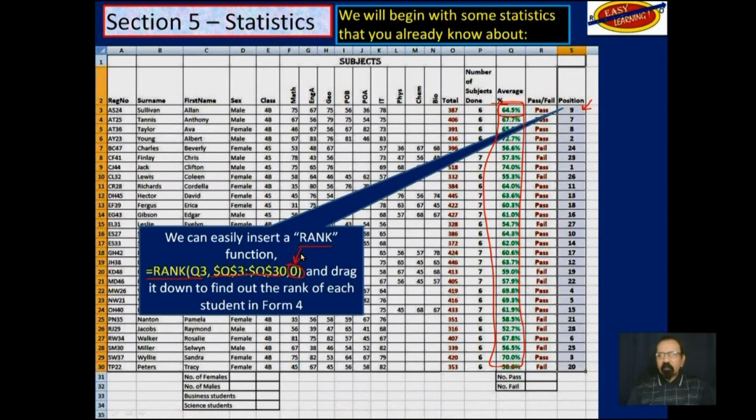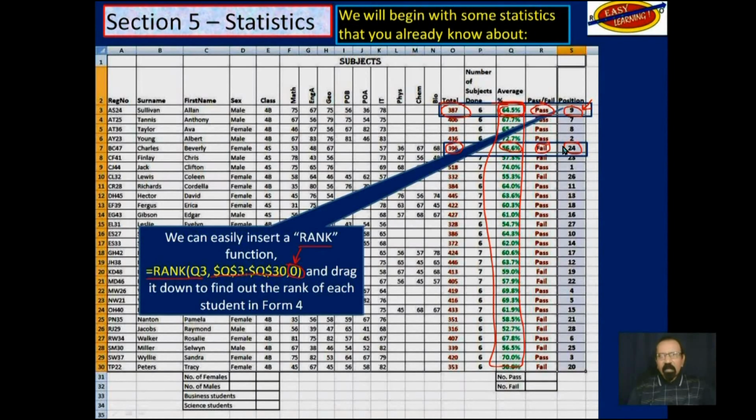So we looked at that, and we see that we have this student here, Alan, came 9th in the 2 classes, pass with that percentage, whereas Beverly got more marks, but because of more subjects, her percentage is less, and she failed, and she came 24th in the class.